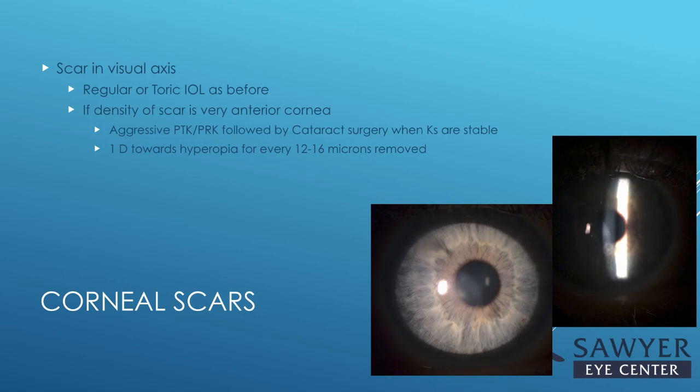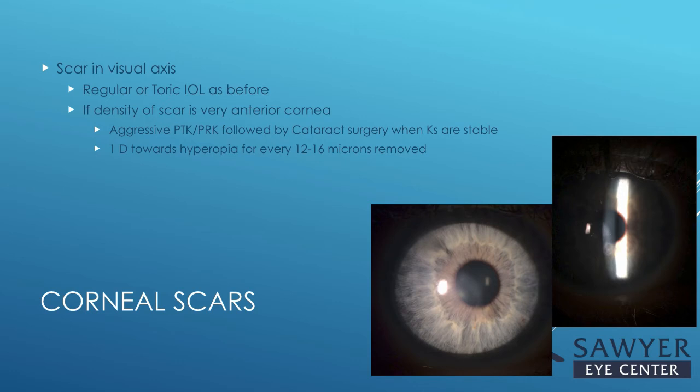I removed 120 microns of corneal tissue with PTK and greatly reduced the scar. But I made her a +10 hyperope by removing that much tissue. My plan was to wait 3 months and then do the cataract surgery. However, her refraction kept changing drastically. Something also to remember, the older the patient is, the slower they will heal.